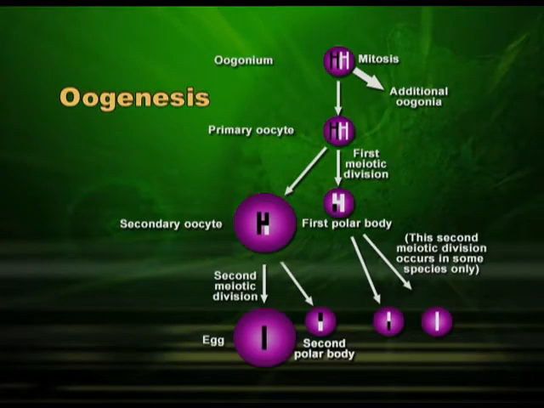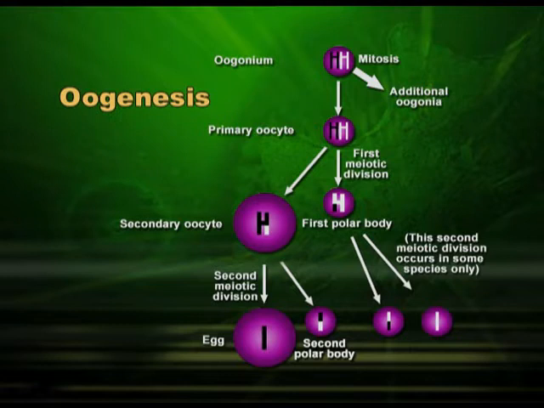In this slide, I wish to show you a schematic representation of oogenesis. As I told you, the division will begin from the oocyte. There are so many oocytes in the ovary. Some will become functional before the others, and these functional oocytes will be called primary oocytes.